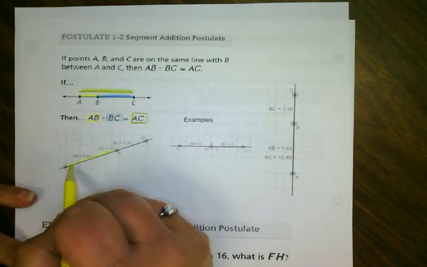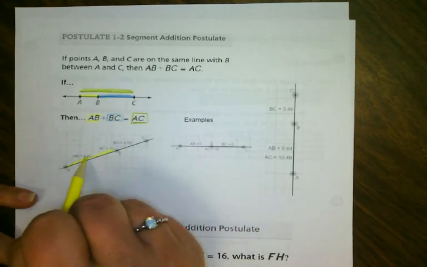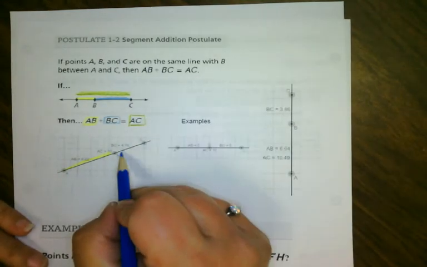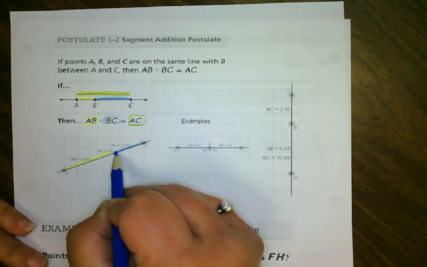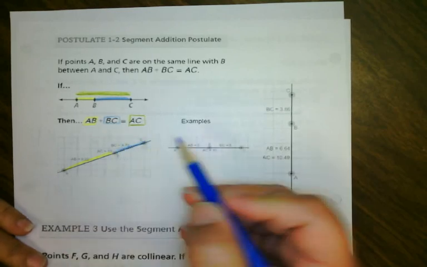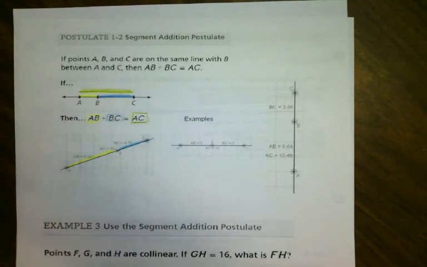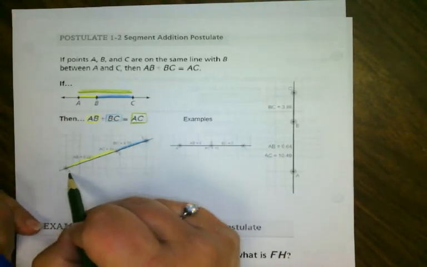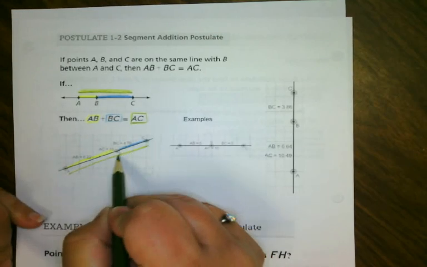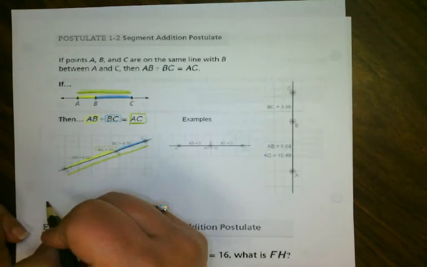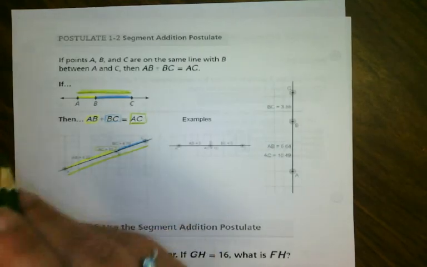Here's AB, which is 8.22, and here's BC at 4.70. Sorry, they use decimals here. If you add those together, it equals AC, the whole thing, which is 13. You can check that math.